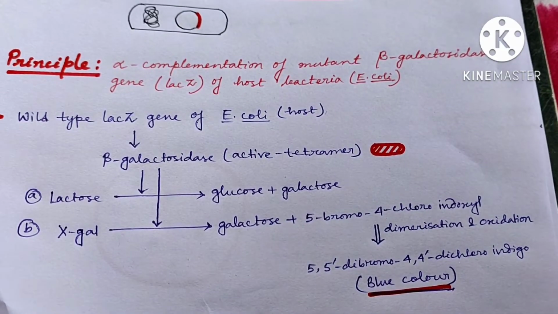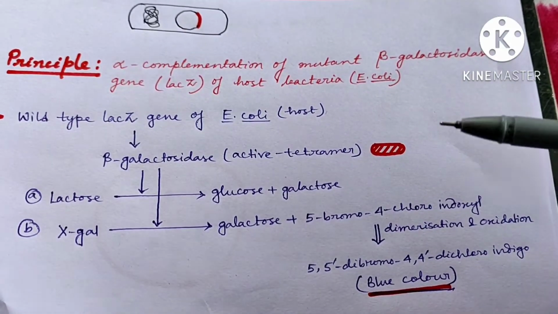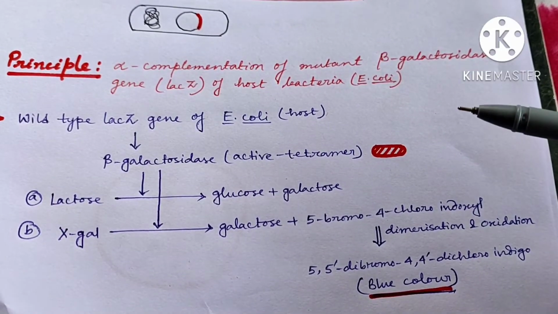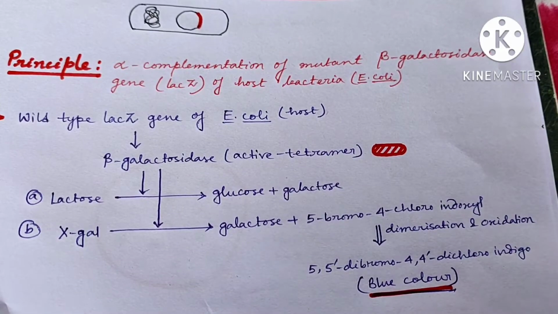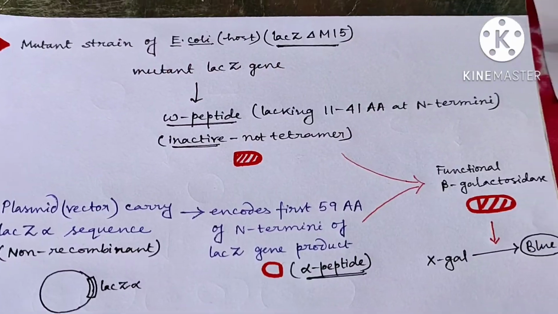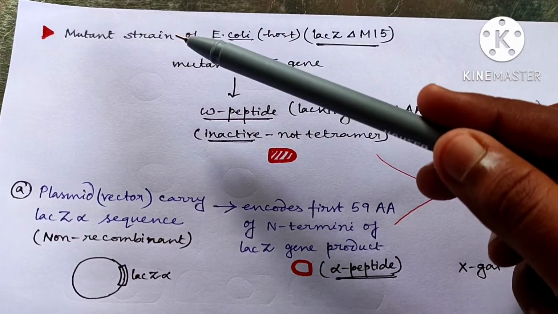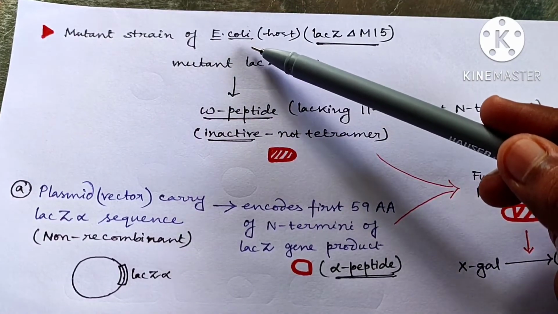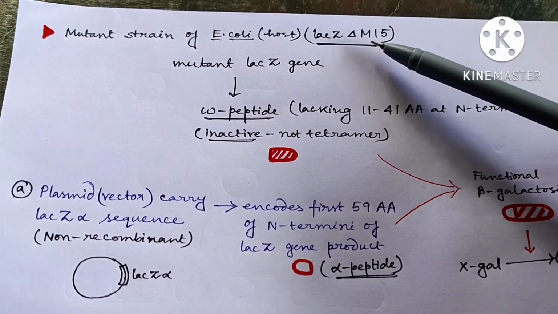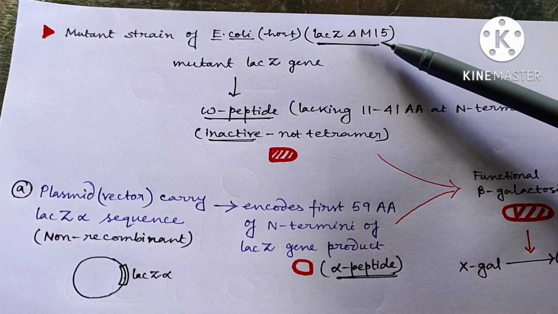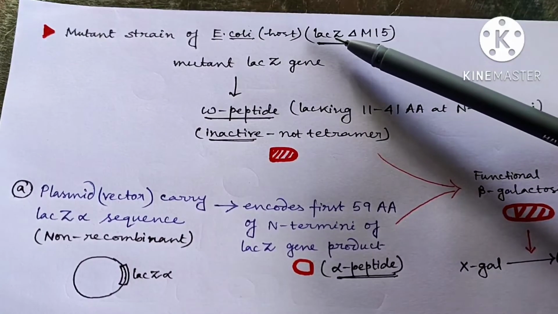Now, what happens if we introduce a plasmid vector into a mutant host? Let's see. If we take a mutant strain of E. coli as our host, that is known as the LacZ delta M15 mutant, where the LacZ gene is mutant.